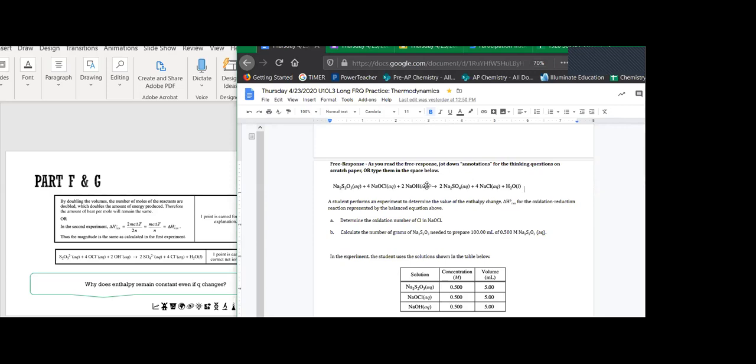So I know that hydroxide can react with hydrogen to form water. So since it's the only source of hydrogen, it's probably going to be two hydroxides reacting. So I know that OH is going to be an active ion. I see that I have S2O3 and OCl, and then I have SO4 and just plain Cl.